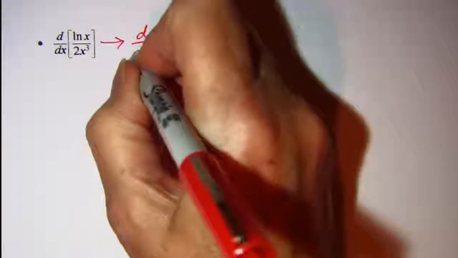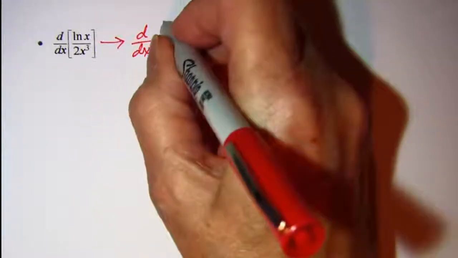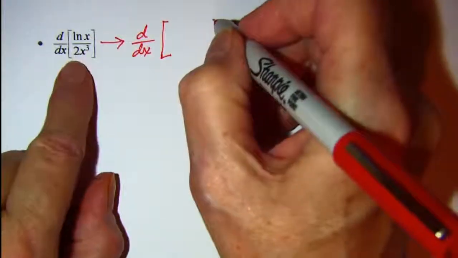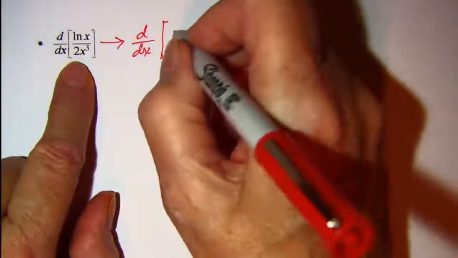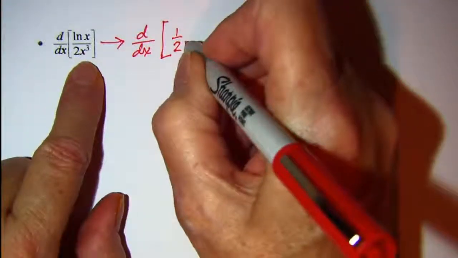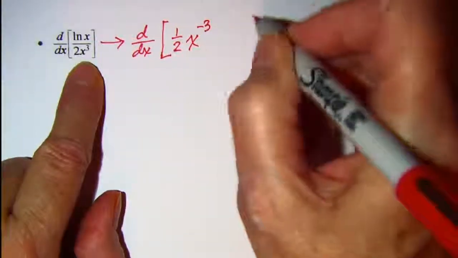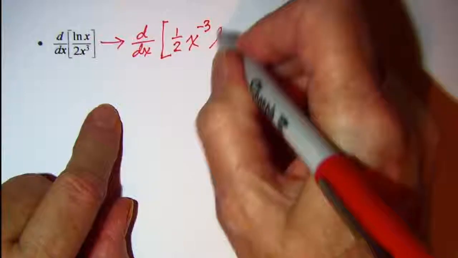So I'm looking for the derivative with respect to x of, and the 2 in the denominator can be rewritten as 1/2, and then the x cubed in the denominator can be written as x to the negative 3, and then I have ln x.